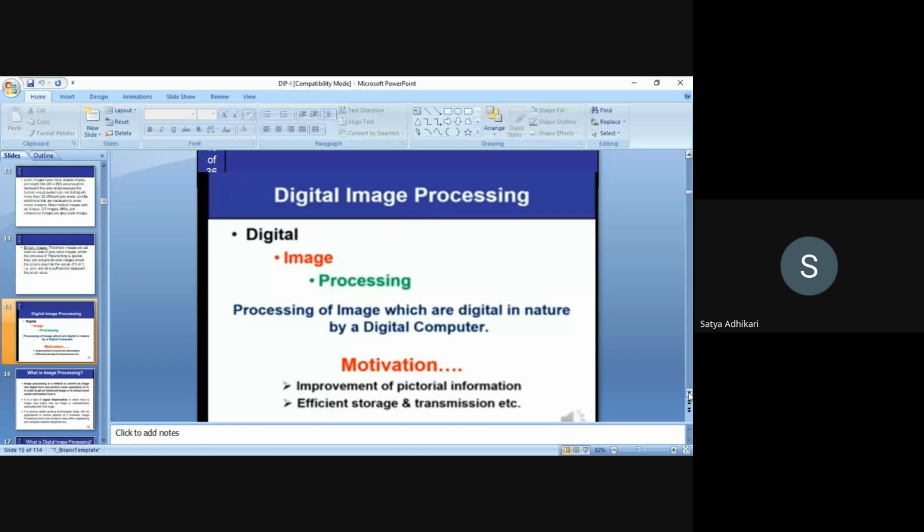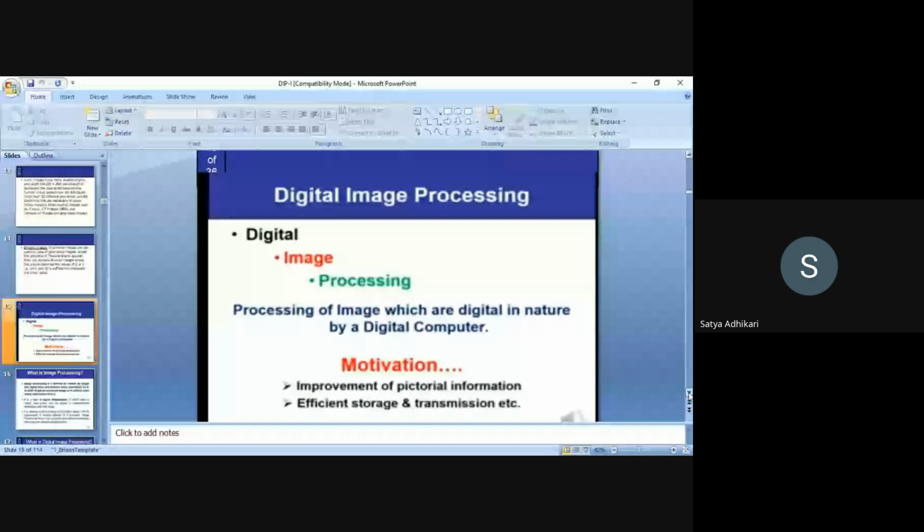Suppose there is a tree, and you are going to capture it with your camera. The tree is an analog image. When it comes to your screen, it now becomes digital. It has some pixel values, and so it is processed.